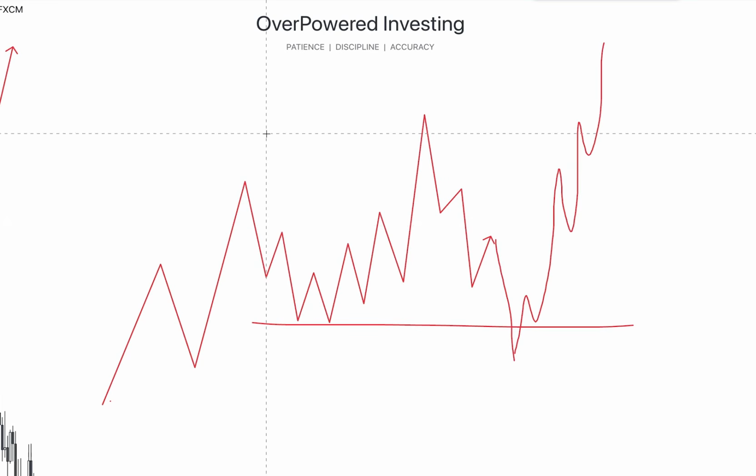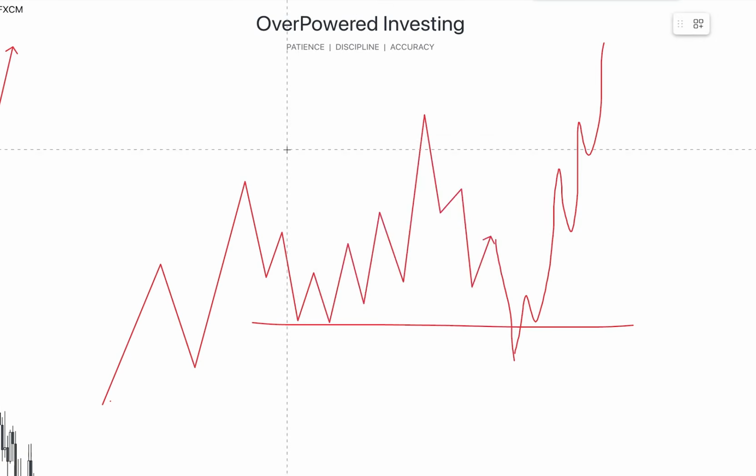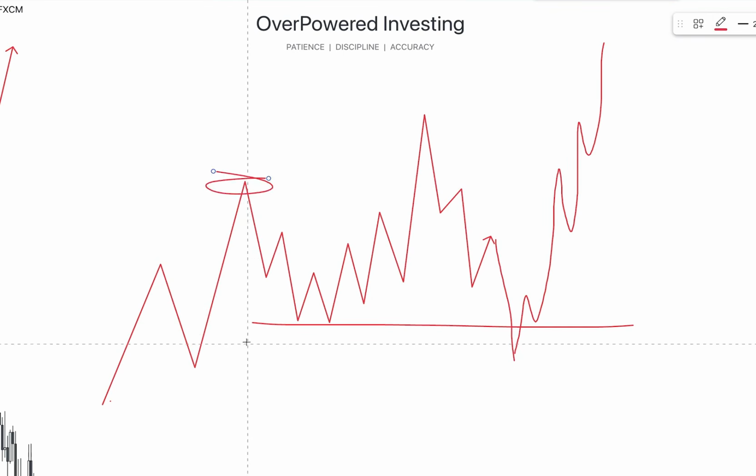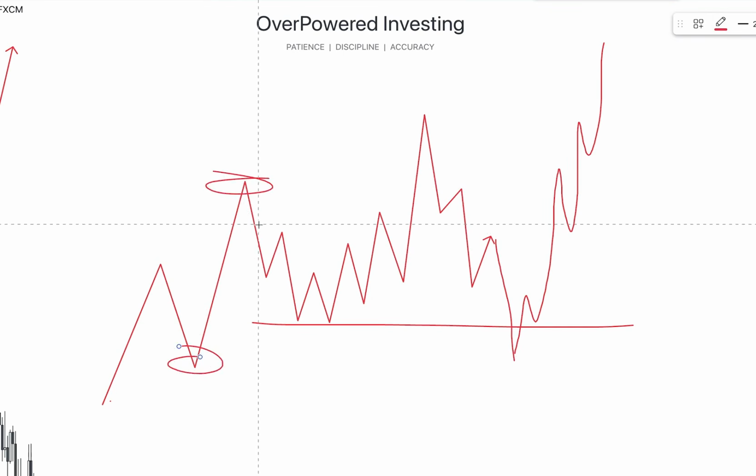But here is the thing, guys. There are levels that are called the primary, the major market structure levels, the ones that created the higher highs and higher lows. Everything that price makes inside of this low and this high is considered to be internal structure. It doesn't matter.